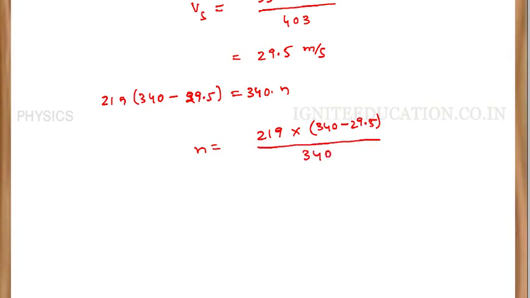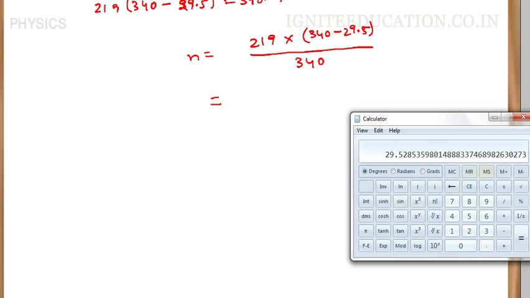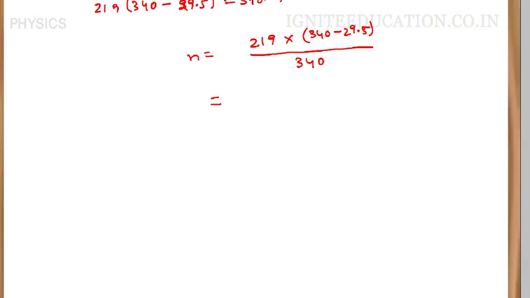Now I am using the calculator here: 340 minus 29.5 is equal to that much, multiplied with 219, divided by 340, is equal to 199.99, that means it's nearly 200 Hz.